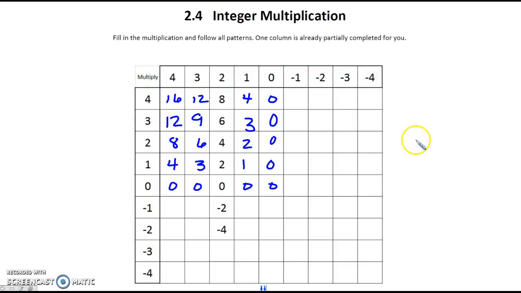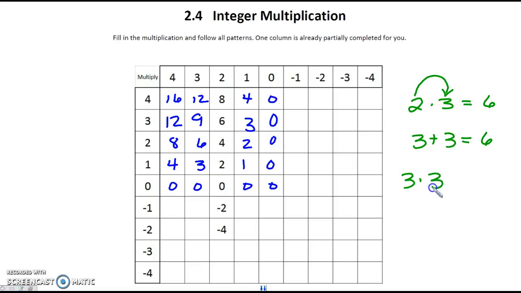Well, let me talk about multiplying in the first place. Let's say that I've got 2 times 3, and we know that's 6. Well, multiplication just means repeated addition. This says that I have 2 groups of 3 that I'm adding together. 3 plus 3 equals 6. So multiplication is like shorthand for repeated addition.